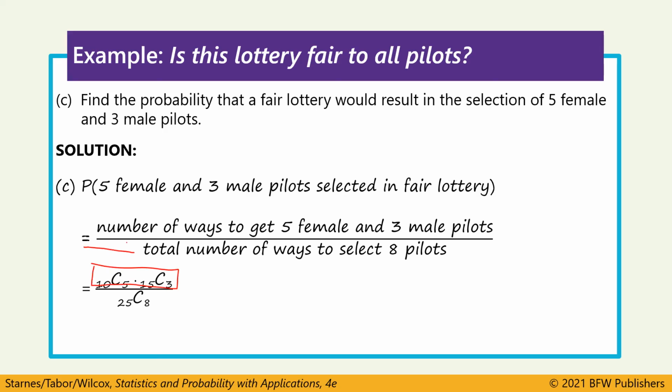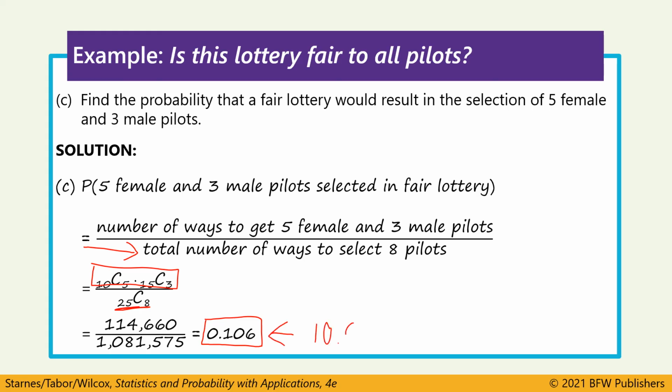And then the total number of ways that we can assign these 8 pilots to positions from the group of 25 is this denominator here. A probability will always be a fraction that we can simplify to a decimal. So there's about a 10.6% chance that we could assign these 8 roles and end up with 5 female pilots and 3 male pilots.